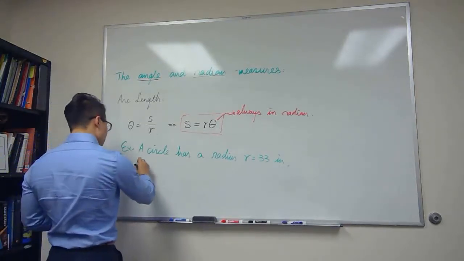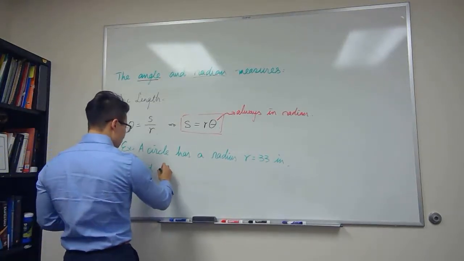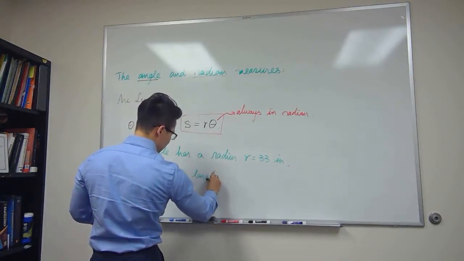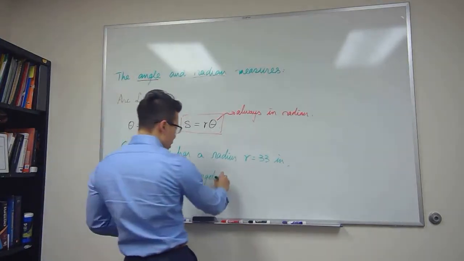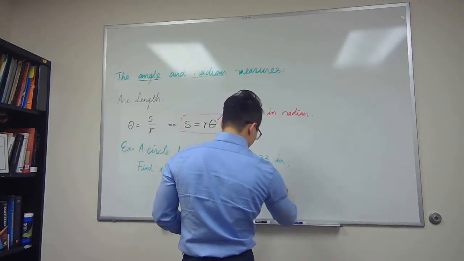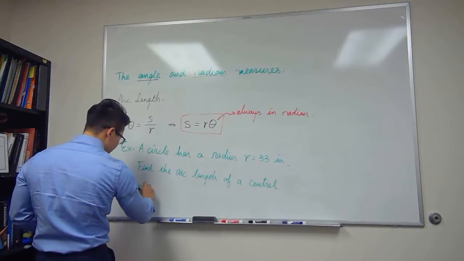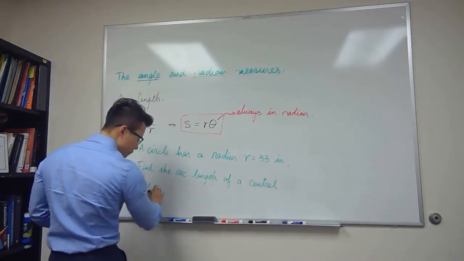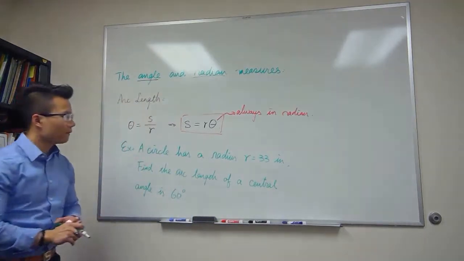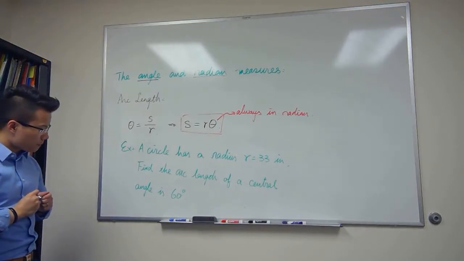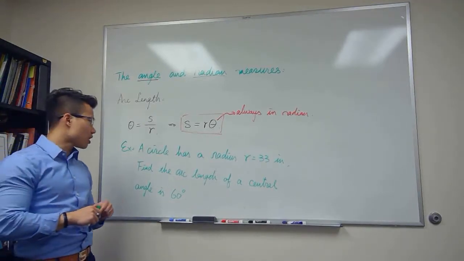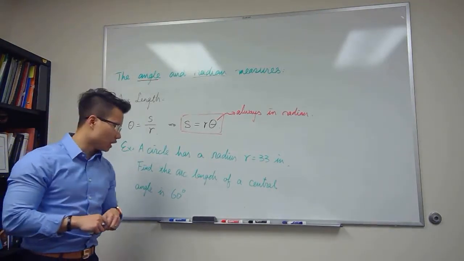So what we want to do is find the arc length of a central angle that is 60 degrees. So that is what we're going to do. We're going to find the arc length with a central angle of 60 degrees. At the same time, we have the radius is 33 inches.